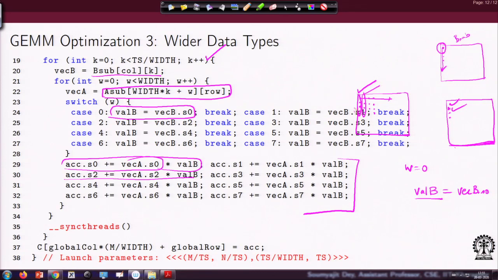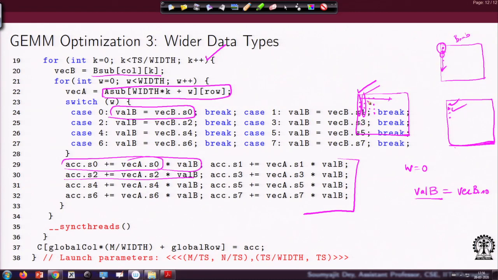I require all these values to get multiplied with this as a partial sum for here, which I have to update later on, and this continues with the loop making progress. Now I will take the next value of vk, and for each component of vk I again have to sample out what to do for which component of vec b to pick, which will be the next component, and I will now use this component for all the other ones.